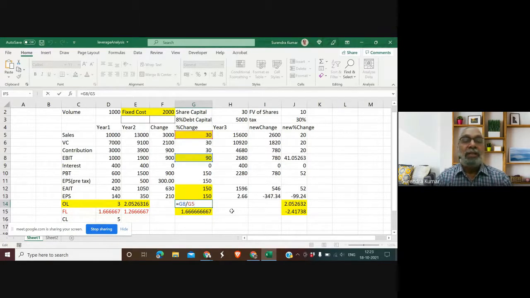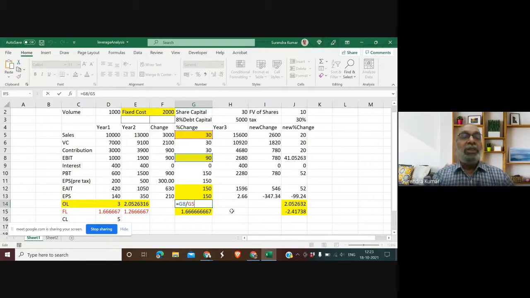Am I making sense? But I am looking at the impact of this change in sales in the second year, and I'm calculating my operating leverage based on this information about change. Let me explain this.